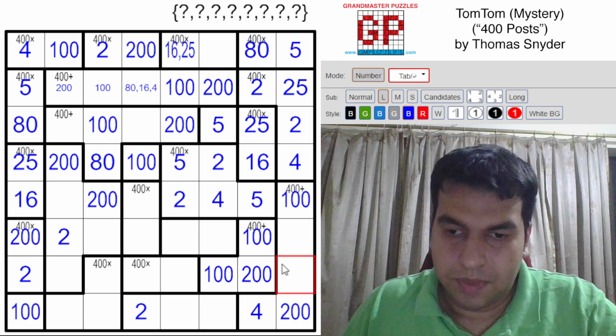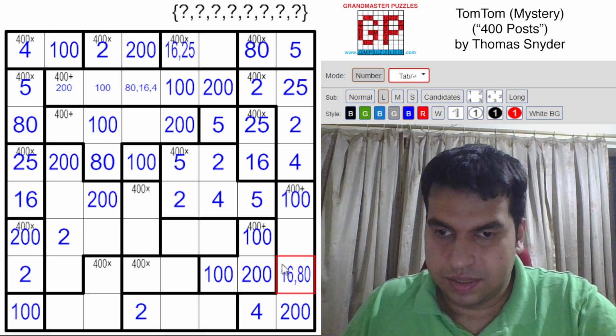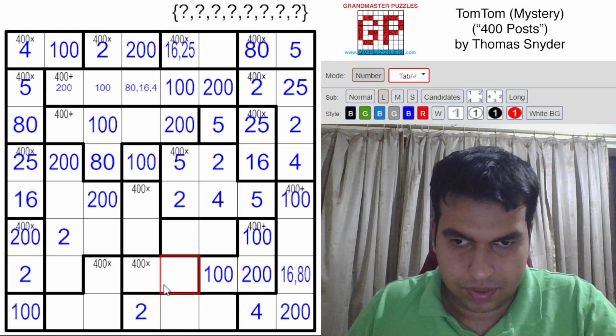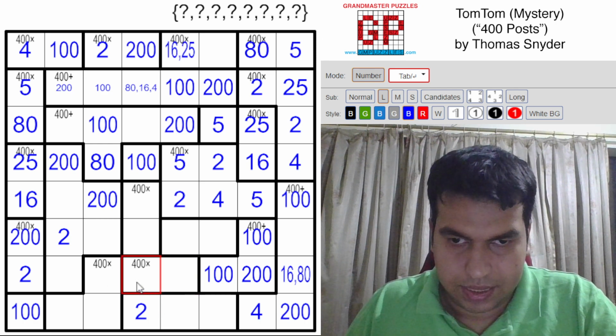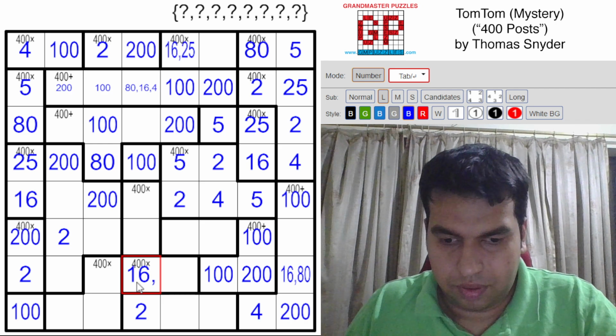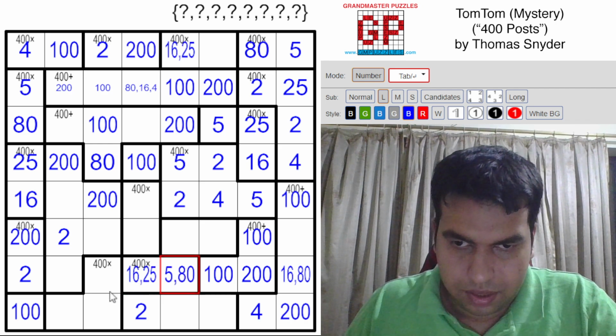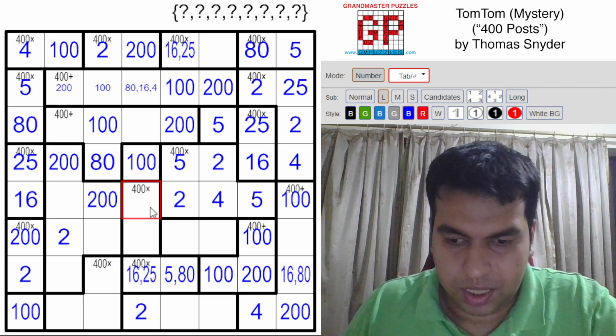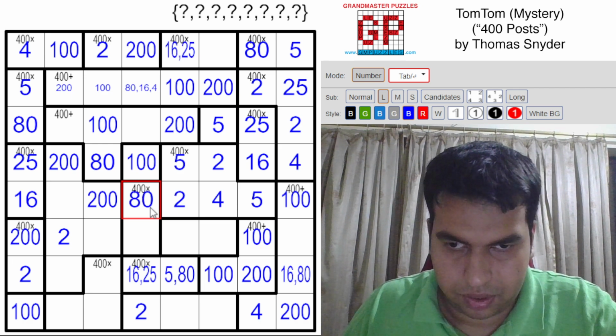Now I'll just mark that this has to have 16 or 80, and so this will also have basically 16 or 25, or it's 5 or 80. Here as well, I'll just mark it 80 or it's 25.